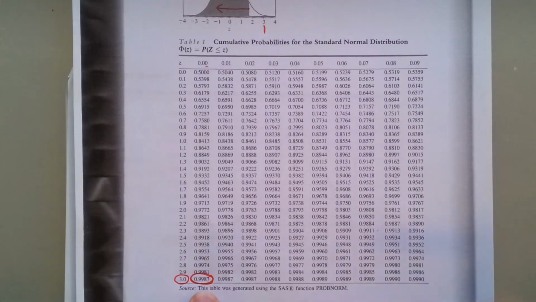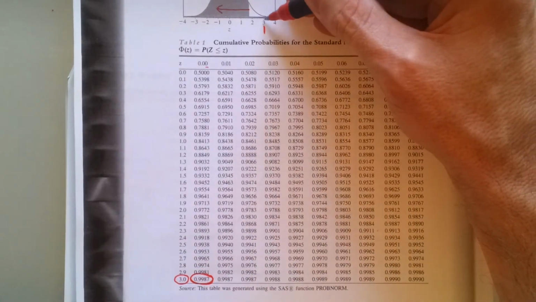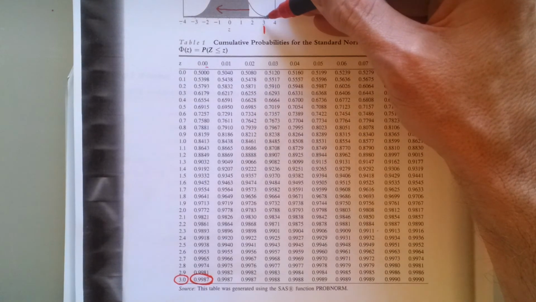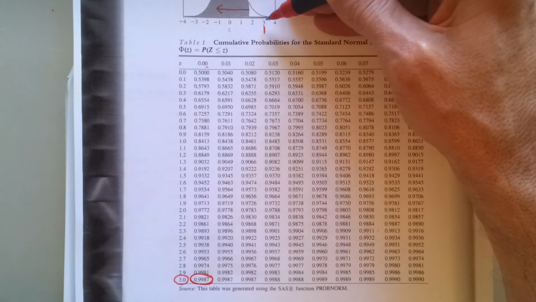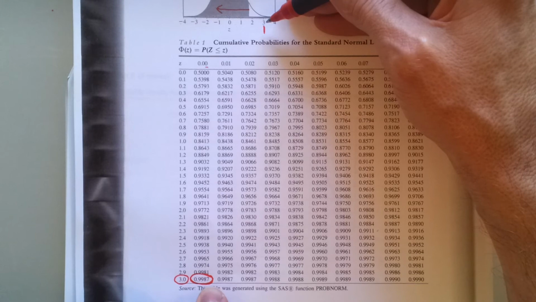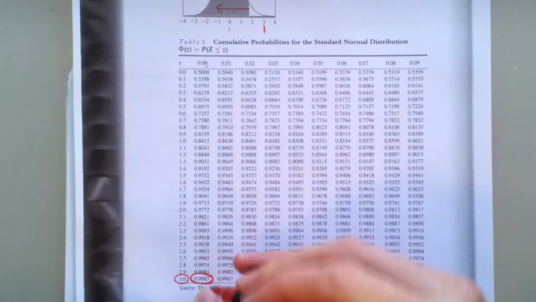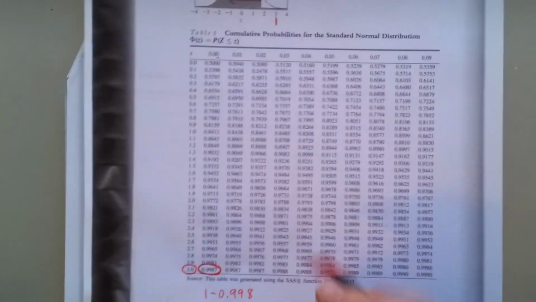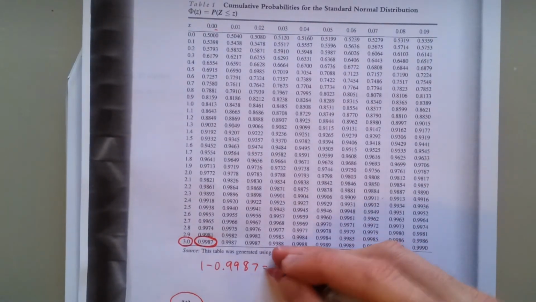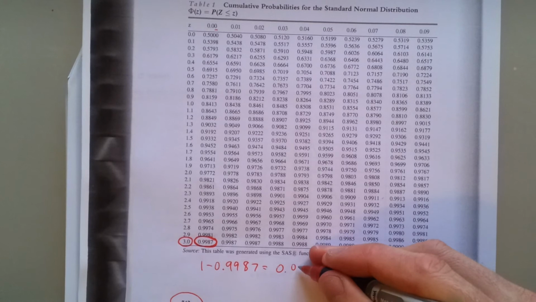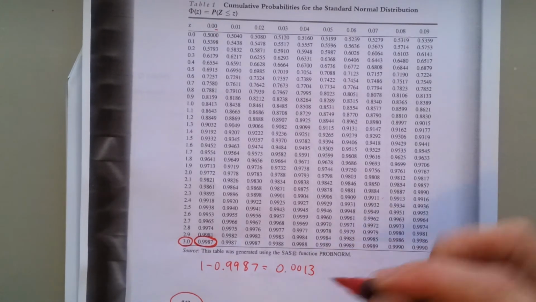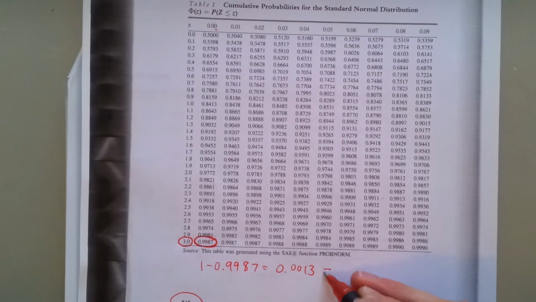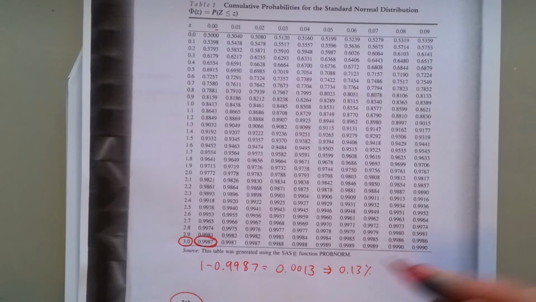This table is telling me that the chance of getting a score that is less than 3 standard deviations above the mean is 99.87%. That means that there is a chance of getting more than that value of only 0.13%.